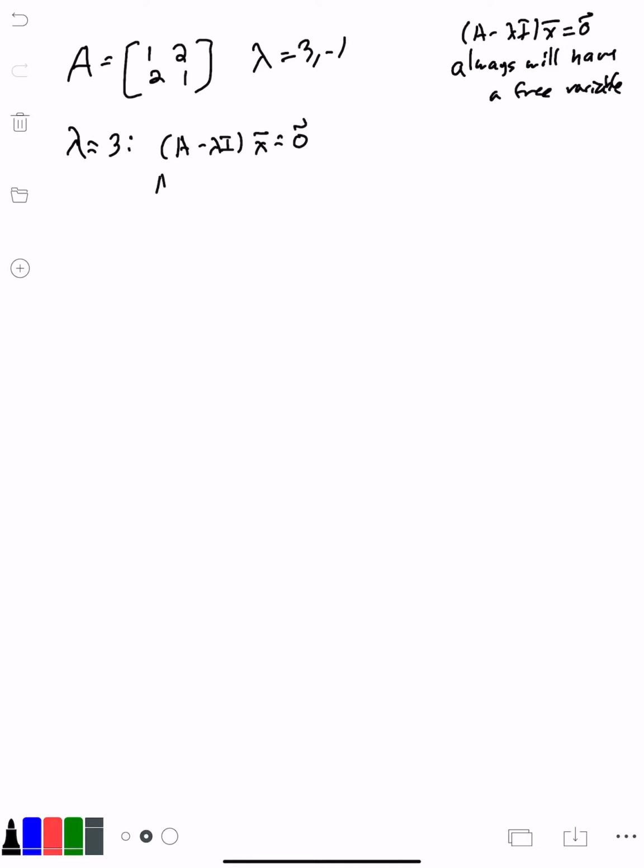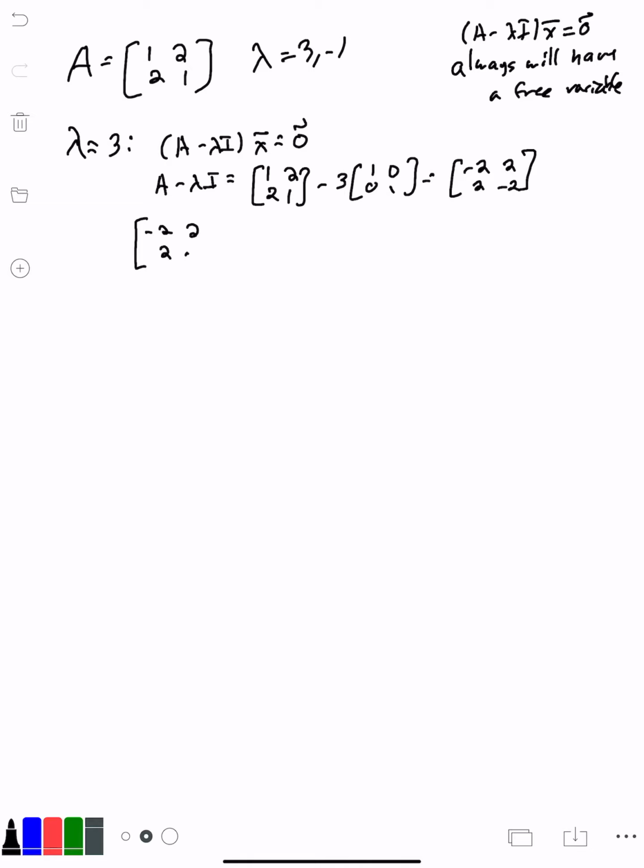And what is A minus lambda I here? A is 1, 2, 2, 1 minus 3 times the identity. Do a little bit of work here. I'm going to get -2, 2, 2, -2. That's my matrix A minus lambda I. Then I will set up the system of equations using my augmented matrix, -2, 2, 2, -2, 0, 0.